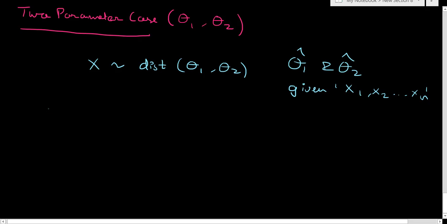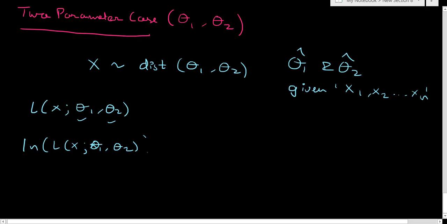Okay. So for this, I'll tell you what happens. Now this likelihood function becomes a function of x, theta 1 and theta 2. So it has three parameters now, and we have two parameters which we need to estimate. Okay, and we'll be taking the log same as before for this likelihood function, and then we'll be differentiating it.